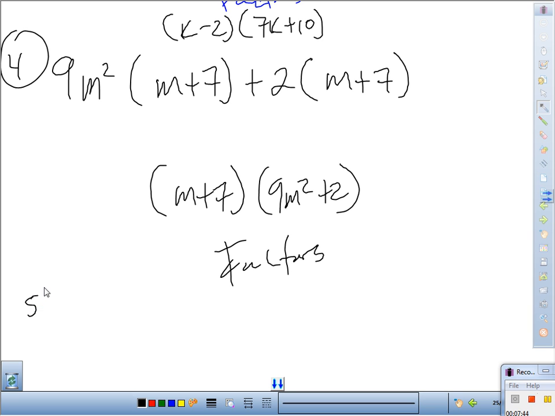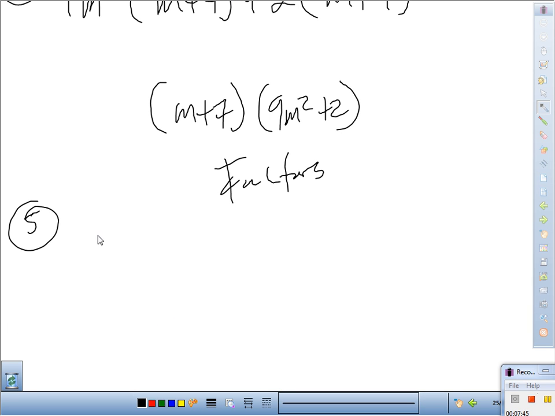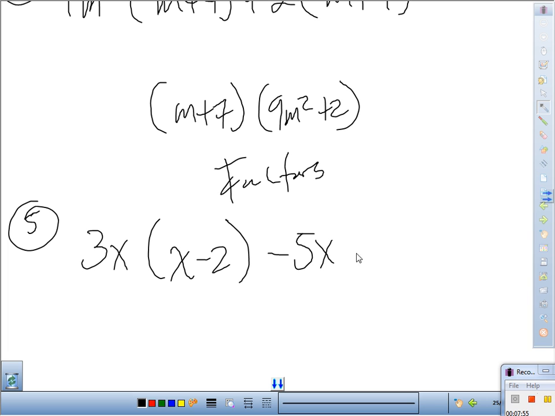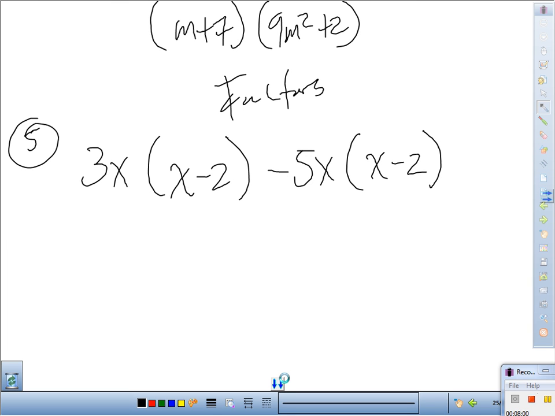Let's go to number 5. Copy this one. 3x, parentheses, x minus 2, close parentheses, minus 5x, parentheses, x minus 2, close parentheses. Find my factors, and be careful with this one. It has a little slider, see if you pick it up. Go. 30 seconds.